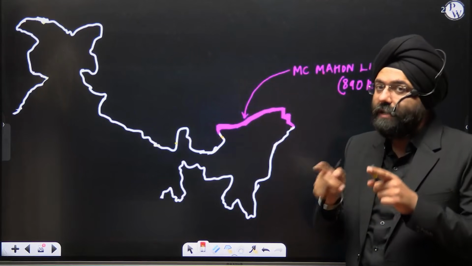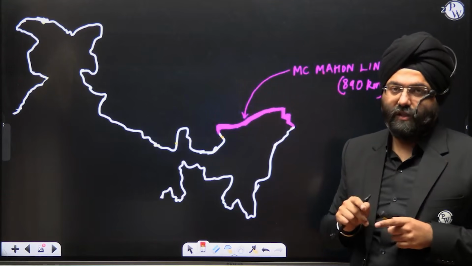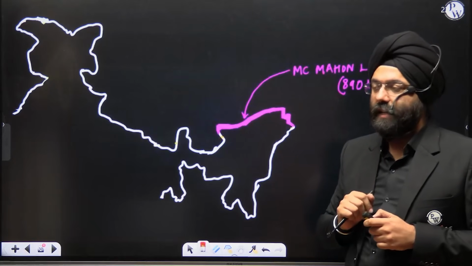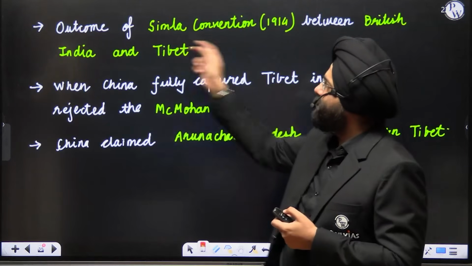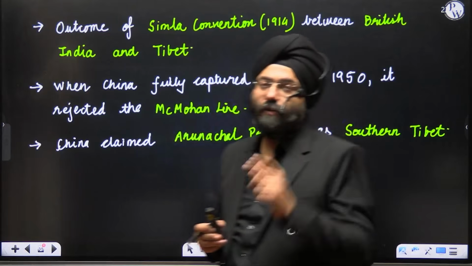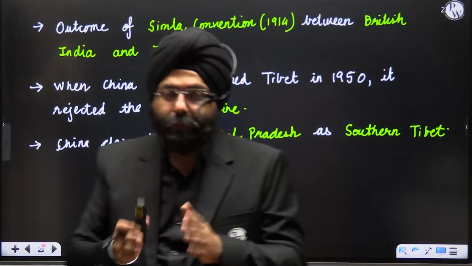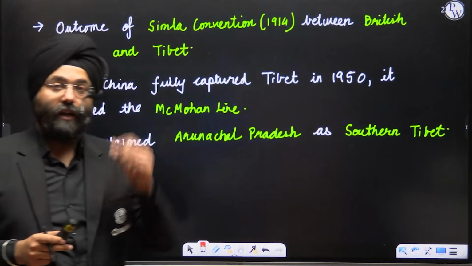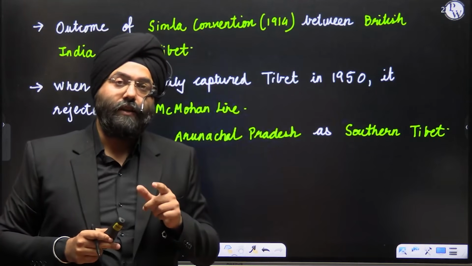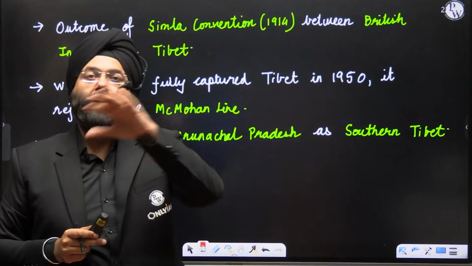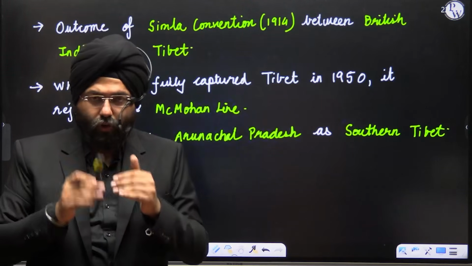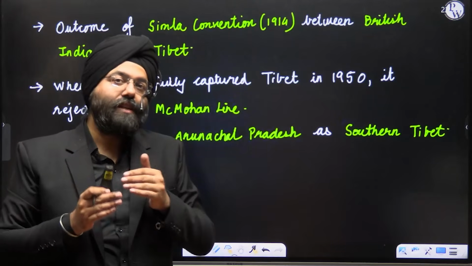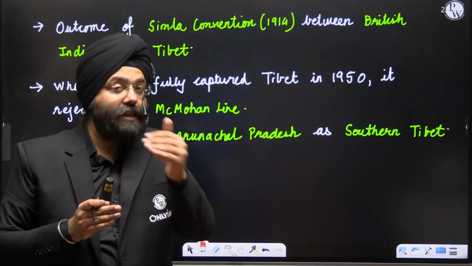Now, how did this problem basically arise? That is where the issue lies. What happened is, a Shimla Convention in 1914 was held between the British Indian government and Tibet. At that time, China had not completely captured Tibet. So, that agreement was between British India and Tibet.